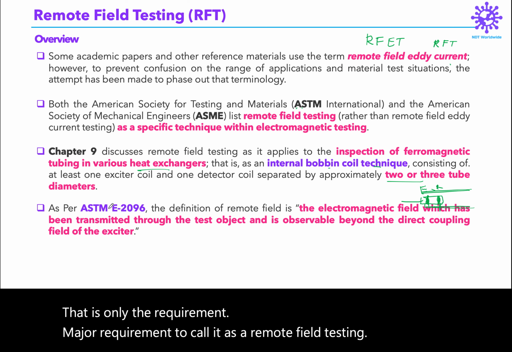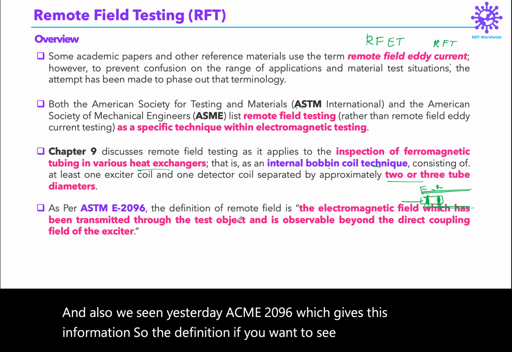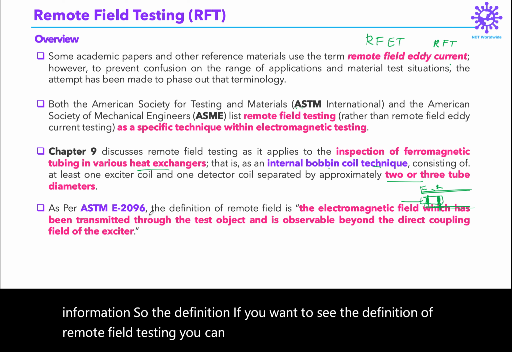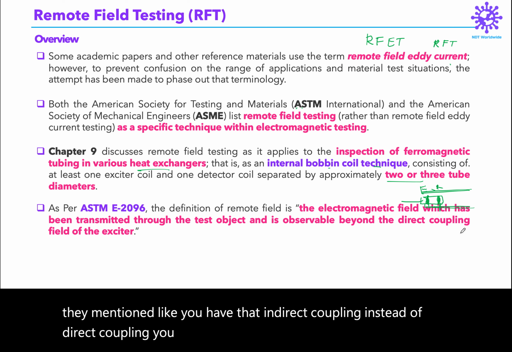Also we saw yesterday ASME 2096, which gives this information. If you want to see the definition of remote field testing, you can refer to this ASME 2096. What they mention is that you have that indirect coupling. Instead of direct coupling, you are linking the magnetic field information indirectly. Why?